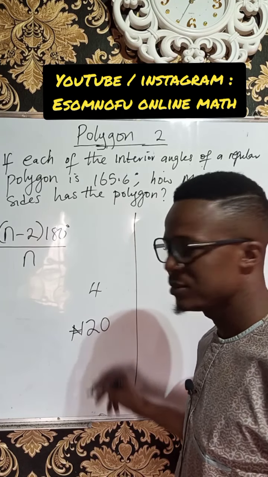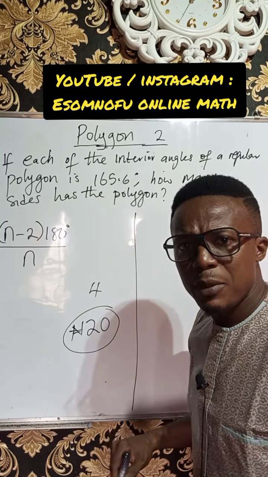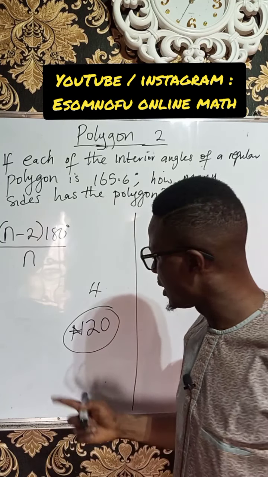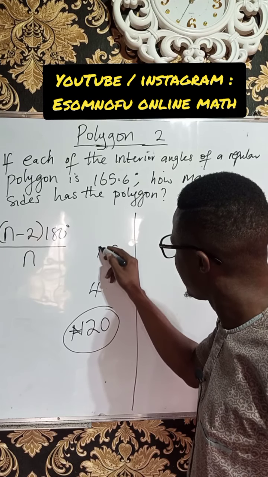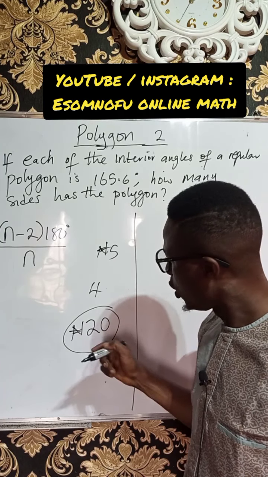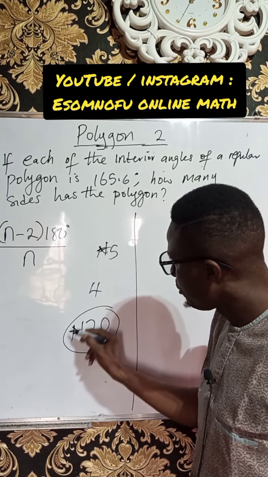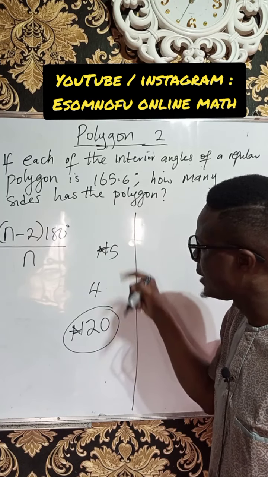So this is the sum of the money owned by the children. But if the children are to share this money equally, each will have 5 naira. So 5 naira times 4 will give us 20 naira. Or you divide the total amount of money by the number of children to get 5.